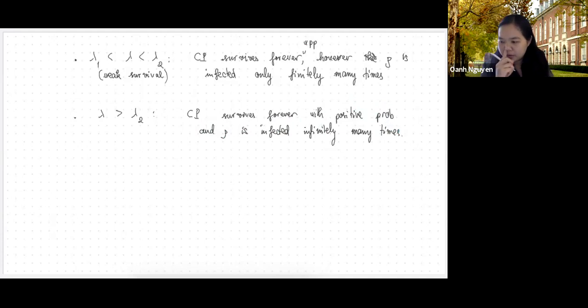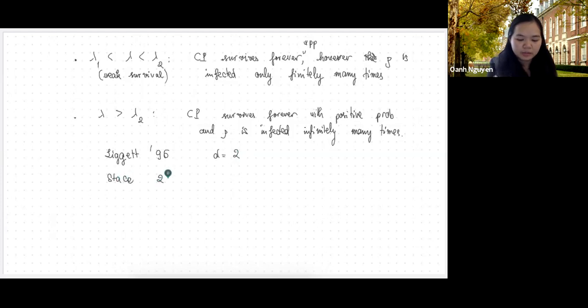And then later, in 1996, Liggett showed that this same result holds for d equals 2, and Stacey in 2001 gave a simple proof that works for all d greater than or equal to 2.